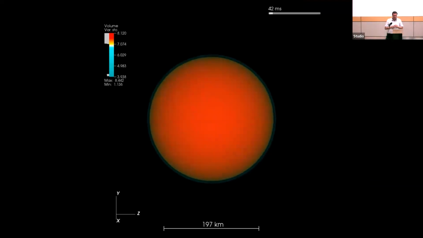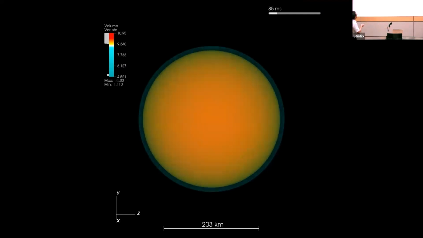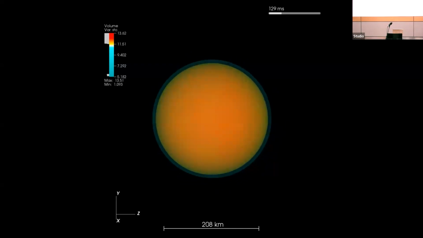a simulation. This is a simulation from Thomas Janka's group, which shows you a proto-neutron star just after the initial collapse phase. It expands a bit, and fortunately, you can see there's a faint blue structure outside. That's where the accretion shock is.